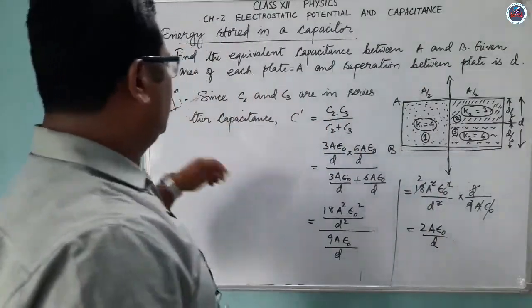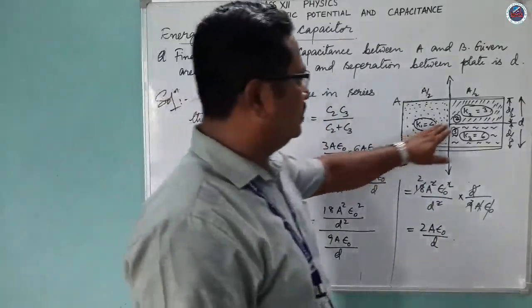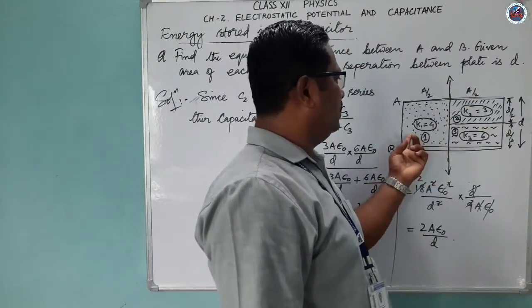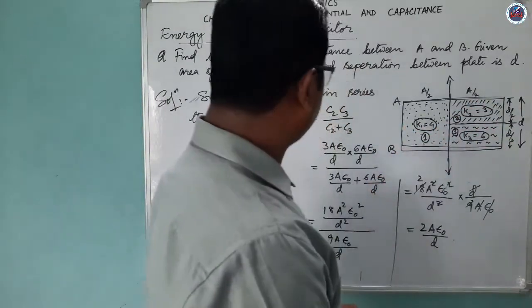Now this capacitance C dash, this one in regions 2 and 3 combined together with C1, they are in parallel.